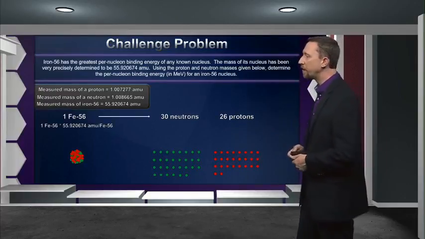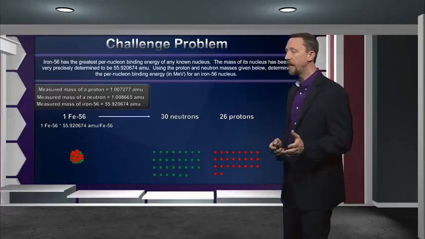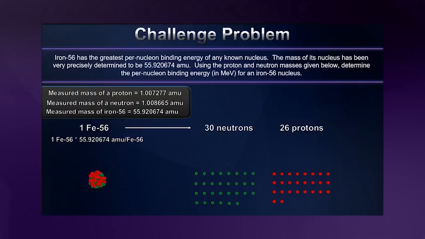We'll start with the mass of the iron 56 nucleus, given to us in the problem as 55.920674 AMU. Now, 30 neutrons at the mass that I'm given would be equal to 30.259950 AMU. And I'm using very, very precise measurements, really long trailing decimals, because I'm expecting a very small mass difference.